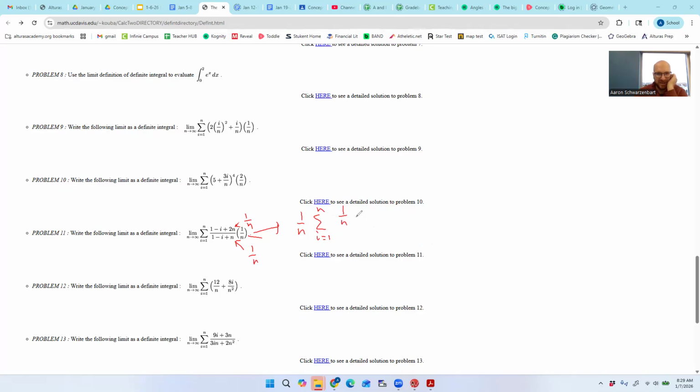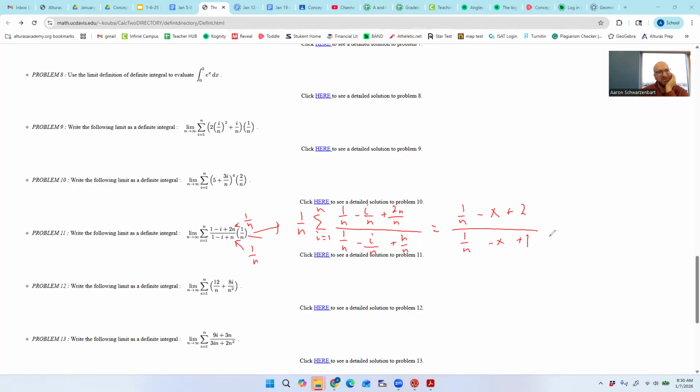So that gives me 1 over n minus I over n plus 2n over n, all over 1 over n minus I over n plus n over n, which I can simplify to 1 over n minus, this is going to be an x, plus 2, over 1 over n minus x plus 1. This is a harder one than is actually on the test.